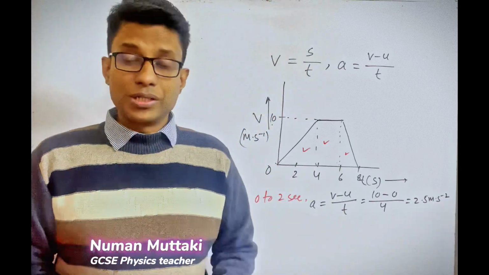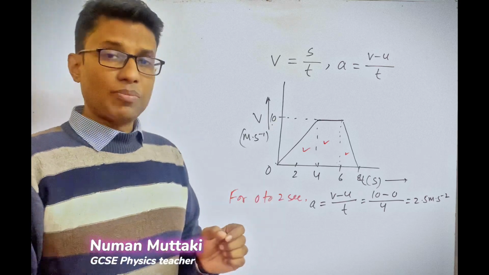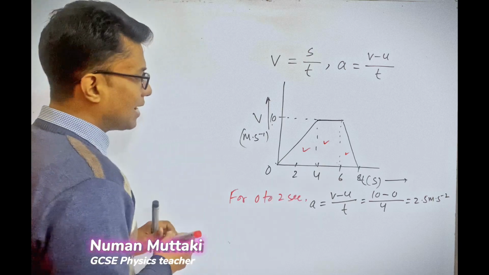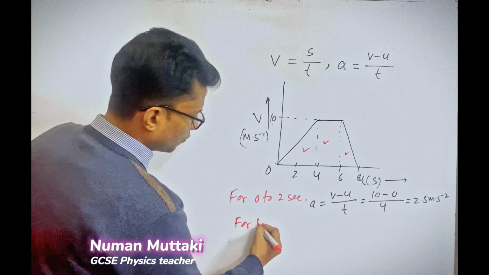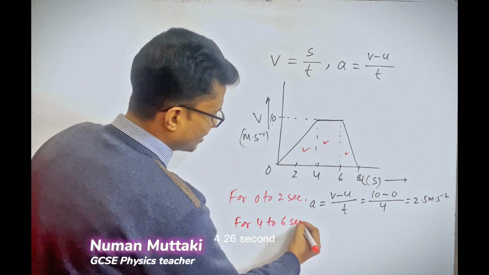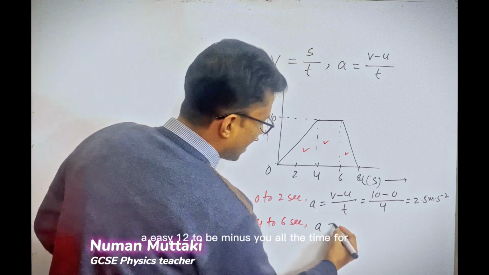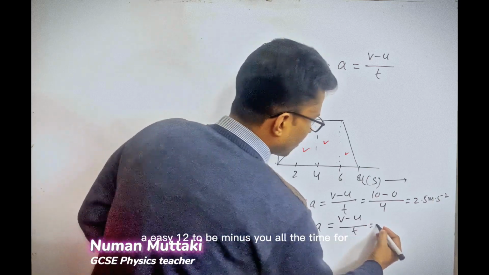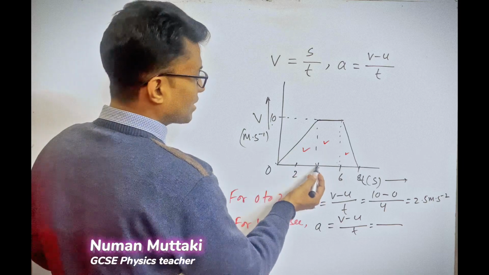So dear students, we have already calculated the acceleration for the first part, 0 to 4 seconds. Now it is time to calculate the acceleration for 4 to 6 seconds. The equation of acceleration is a equals v minus u over t. For 4 to 6 seconds, as you can see, the velocity is uniform.